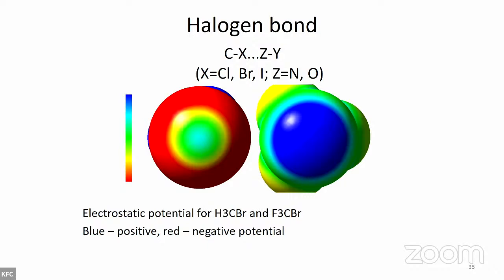And therefore, on the other side, looking towards the rest of the world, there is some kind of positive patch, depending on what type of halogen it is and how strongly the electrons are taken into the aromatic system.